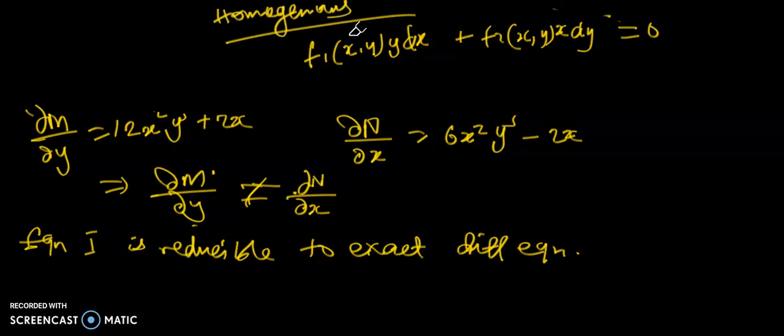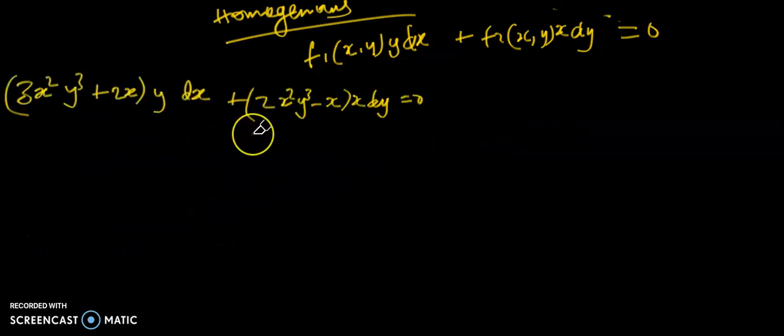In this question, our f1 is 3x squared y squared plus 2x. So let's have that down. If we have our f1 and f2 to be equal to 0, we are simply evaluating Mx minus Ny.